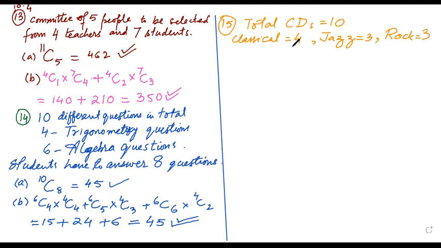Okay, and then if we add up all these, 4 plus 3, 7 plus 3, 10. So 10 CDs are there.